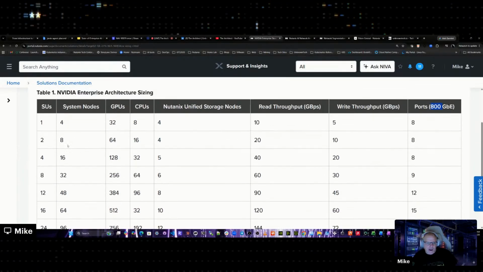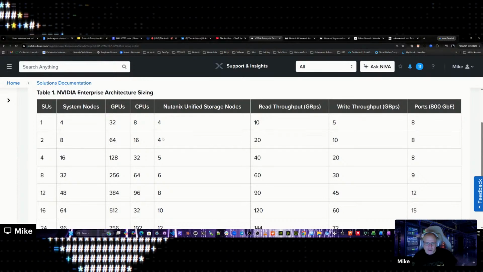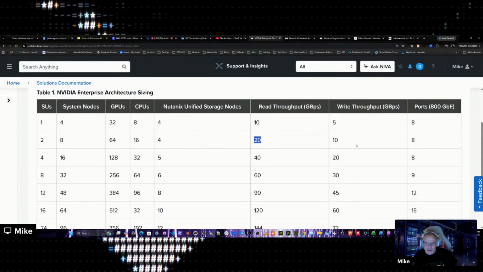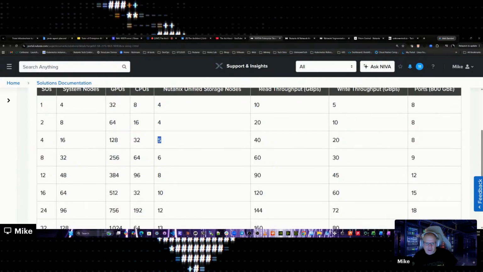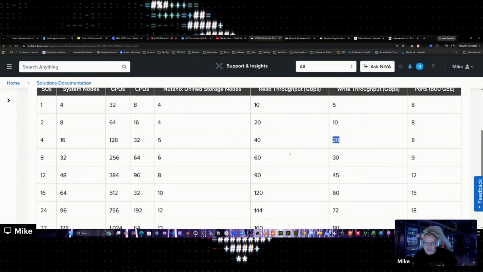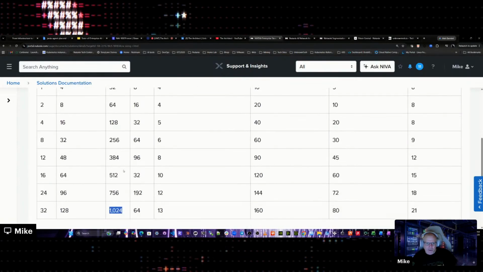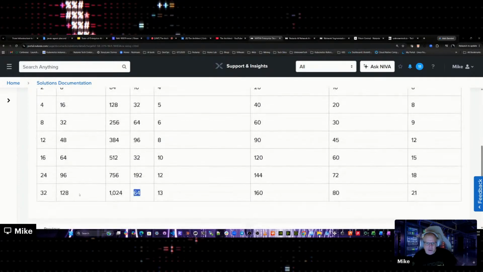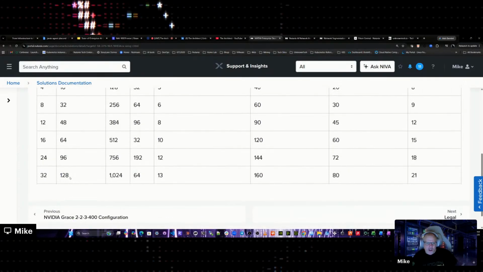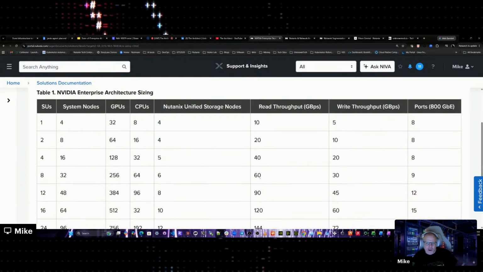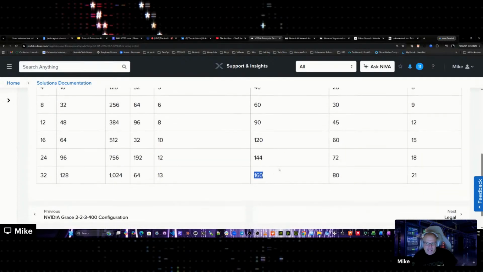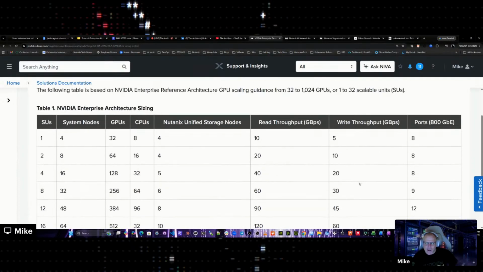But you can see here, as you scale up, we can provide additional throughput even within the same Nutanix unified storage. 4 nodes, 20 gigabytes, 10 gigabytes, 5 nodes, 40 gigabytes, 20 gigabytes, all the way up to supporting 1,024 GPUs, 64 CPUs, okay, 128 nodes, 32 scalable units, and 160 gigabytes of read and 80 gigabytes of write throughput.